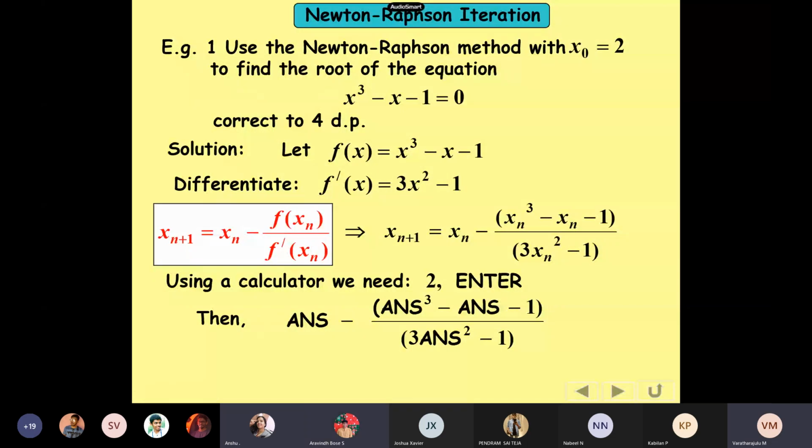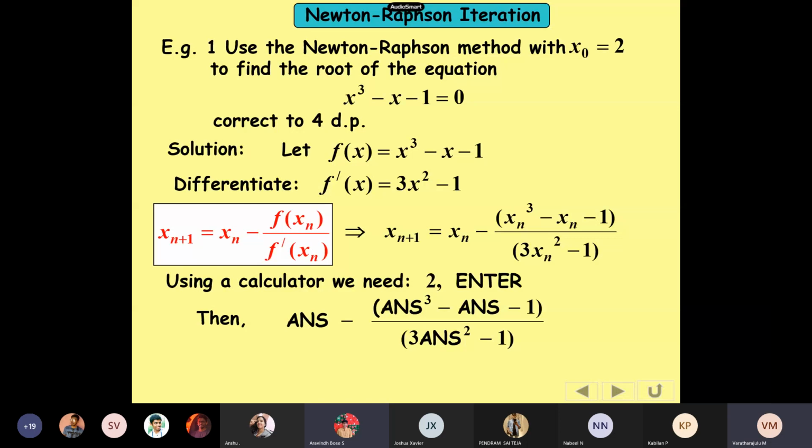Give double open bracket. Again give ANS and power 3, minus ANS, minus 1, close bracket, divided by open bracket, 3, ANS square, minus 1, close bracket, and then again close bracket.